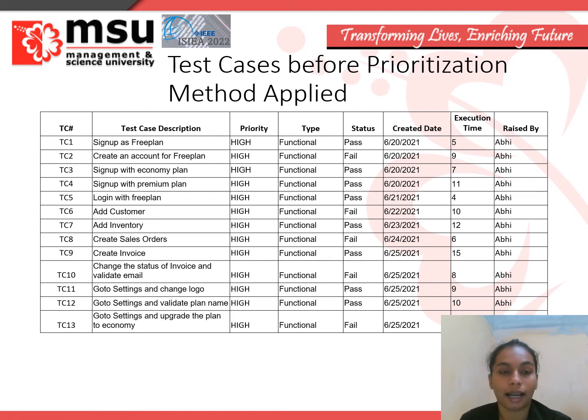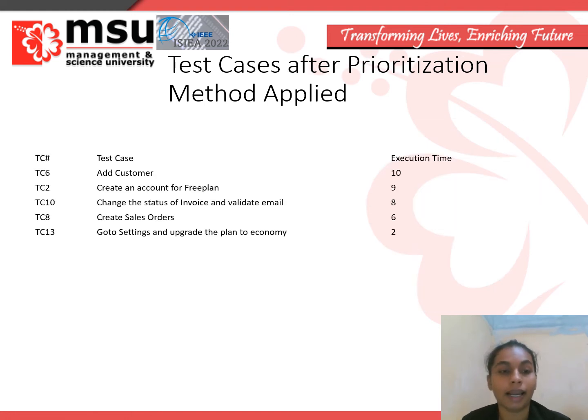In this slide, we can see the test cases before the prioritization method was applied. We can see there are 13 test cases overall. After the prioritization has been applied, the system helps the tester prioritize the test cases according to execution time and test case number.